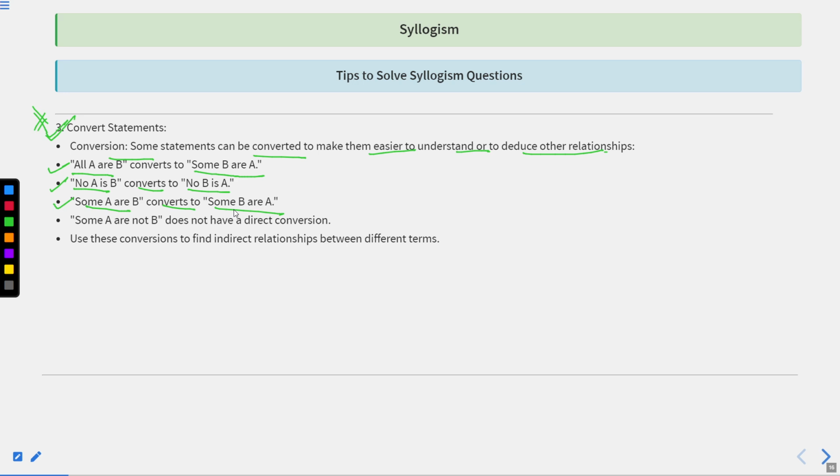Let's try to understand the difference between all A are B and some A are B. When we say that all A are B, and when we say some A are B, we will come to the same conversion, that some B are A. But if we say that all A are B, we cannot say that all B are A. This is a wrong conversion, and you cannot take that into consideration.